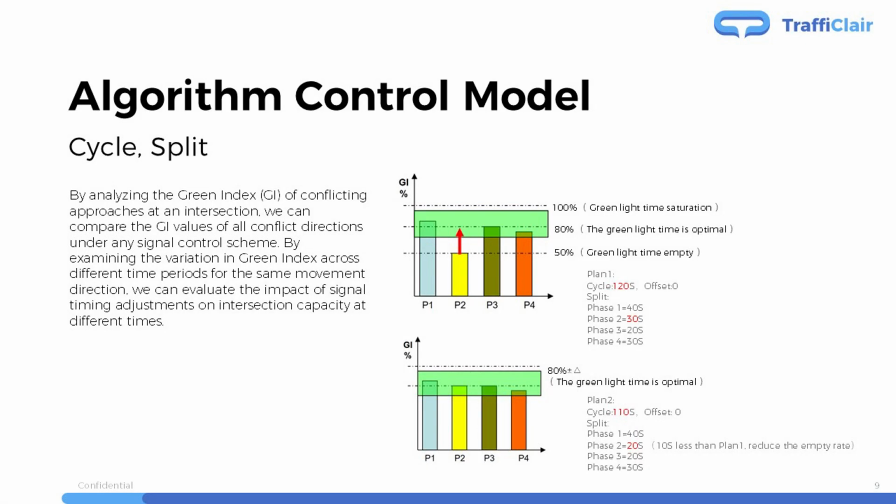By analyzing the green index GI of the conflicting approaches at an intersection, we can compare the GI values of all conflict directions under any signal control scheme. By examining the variation in green index across different time periods for the same movement direction, we can evaluate the impact of signal timing adjustments on intersection capacity at different times. Now the algorithm is to adjust the cycle and the split to optimize the GI performance for each phase.